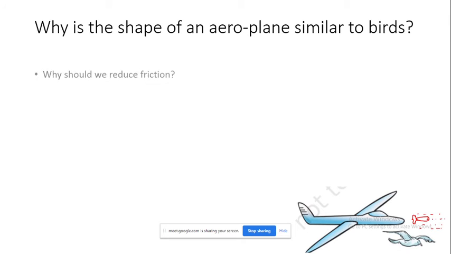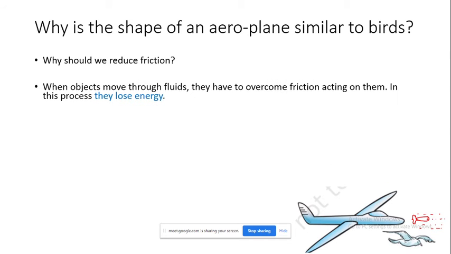Now let me tell you why we are giving a special shape to these objects like aeroplanes or rockets. They all have a shape, the tip will be something like this. See, in our aeroplanes or in our helicopters, the tip will be like this. Even rockets have a tip like this. So if you have a rocket like this, then the tip of the rocket will be something like this, right?